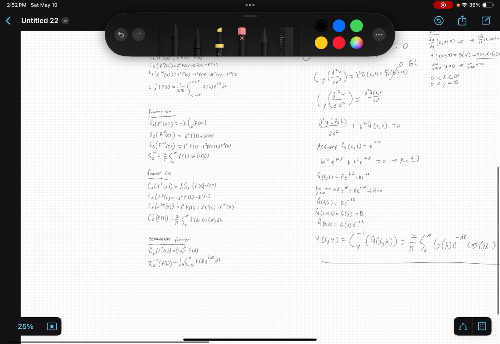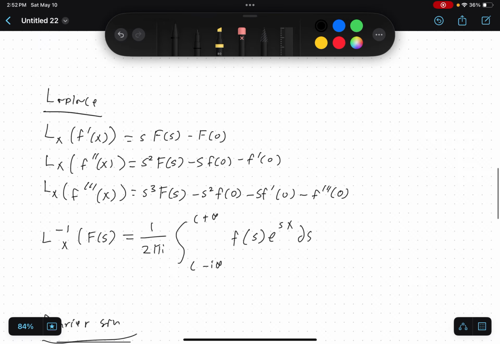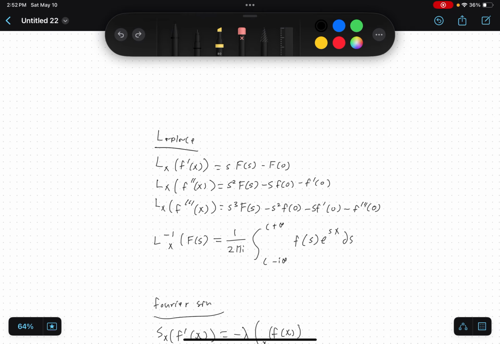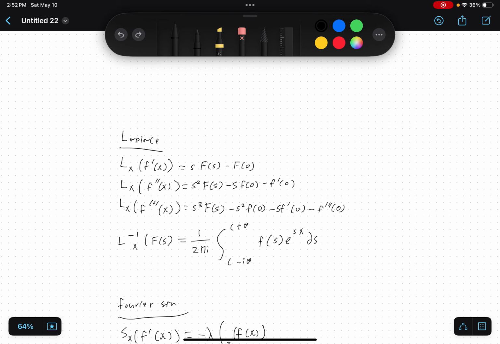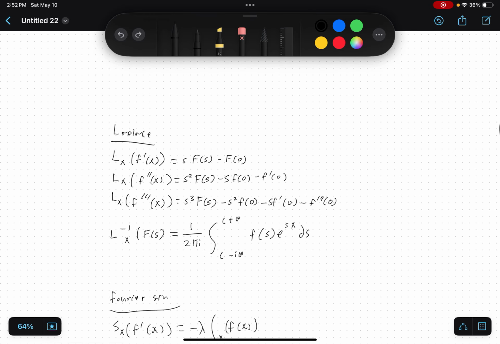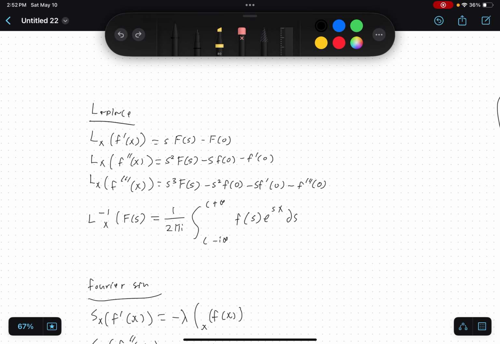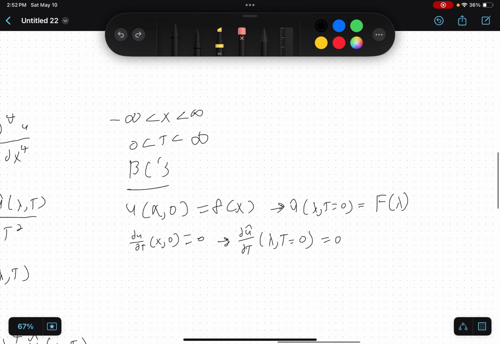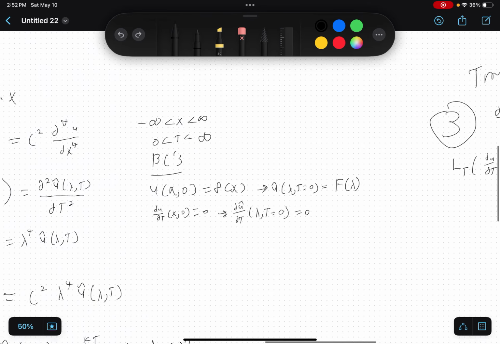Let's see what it says. For Laplace, they use S instead of lambda. It doesn't matter though. You could use whatever you want. Maybe I should have just written lambda, or maybe there's a reason behind it and they never taught it. But okay, so we're using that transform. I'm gonna copy that over here actually.